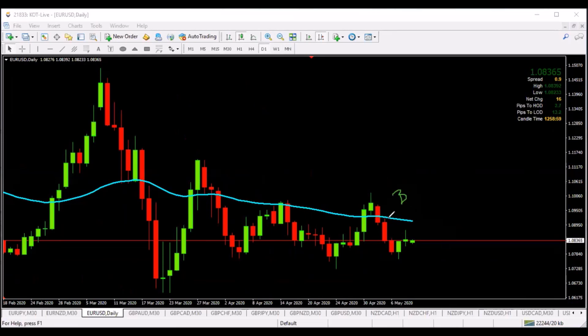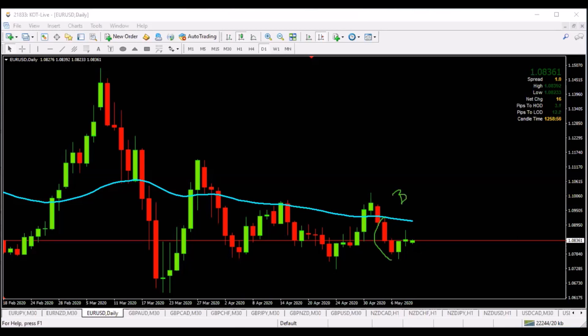If price is below, like it is down here, it's in a sell. So that means EURUSD on the daily is in a sell. Somebody keep up with this for me. Right now, the daily is in a sell. Why is it in a sell?